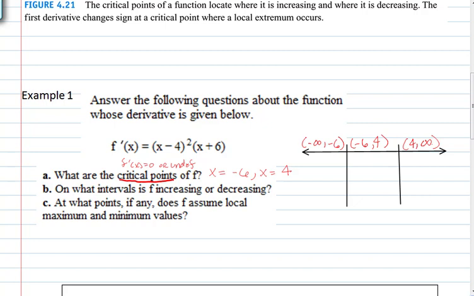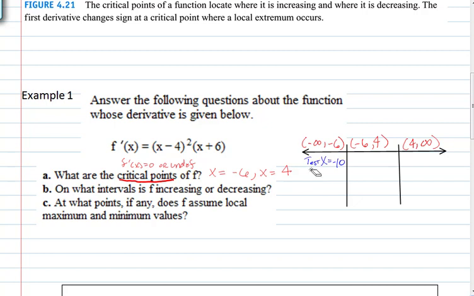Now, the sign of the derivative everywhere in these intervals is either going to be positive or negative. Because if you have a critical point, that's where your function switches from increasing to decreasing, maybe, right? So what I need to do is pick a test point. Any number in this interval from negative infinity to negative 6 will work. So we're going to test x equals negative 10. Y'all like negative 10?